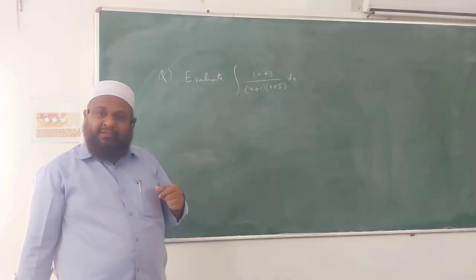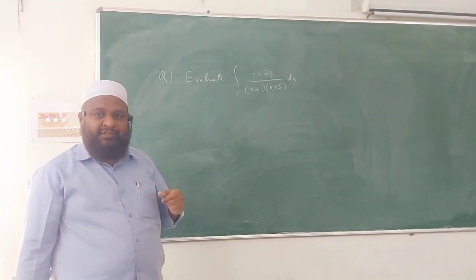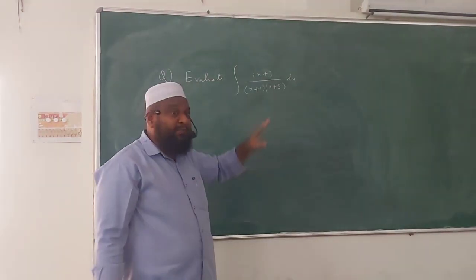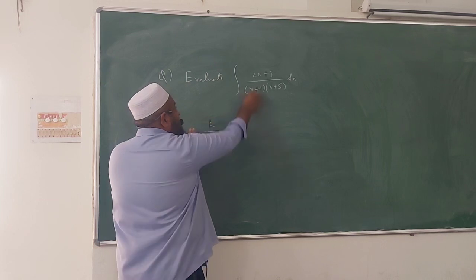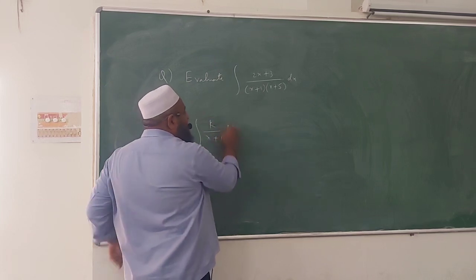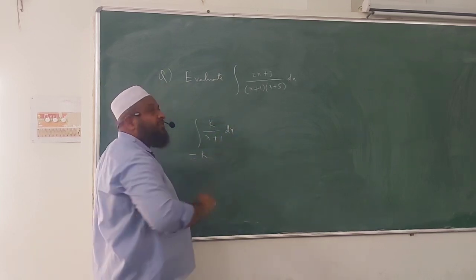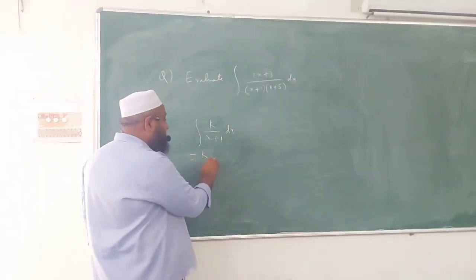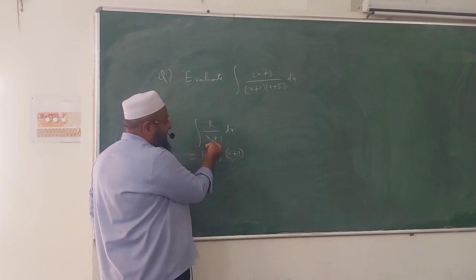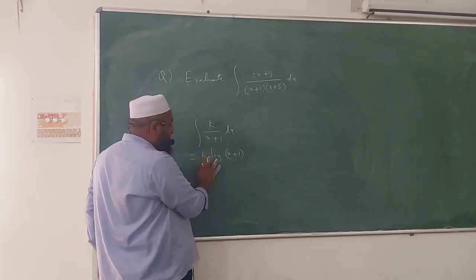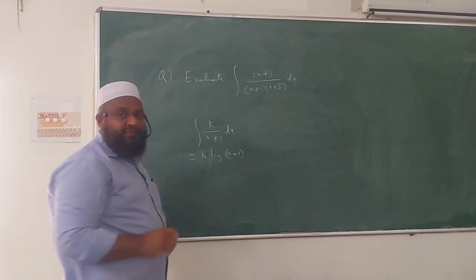What should we do for this one? If suppose just x plus 1 is there, some number k by x plus 1, integral is so simple, k is coming out, log of x plus 1 divided by 1, derivative of this one. So no need to write, k into log of x plus 1.